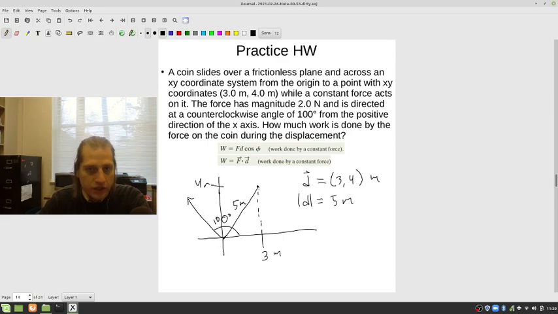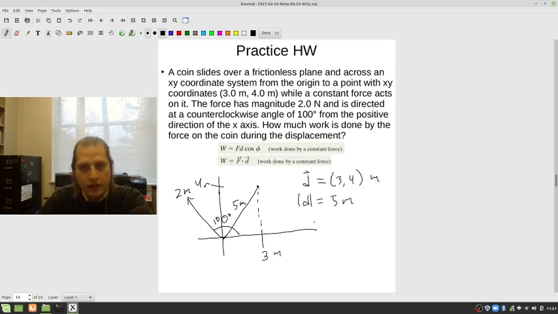Well, notice that you can't just use this formula directly because the force has a magnitude of 2 newtons, but you can't just go 2 newtons times 5 meters times cosine of 100. Why? Because this is not the angle between these two vectors, it's the angle between this and the x-axis.